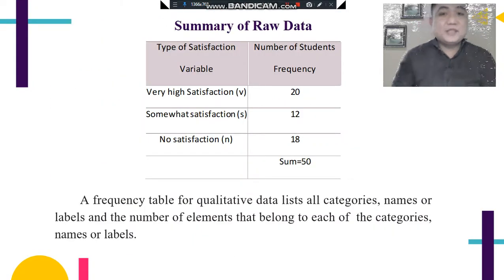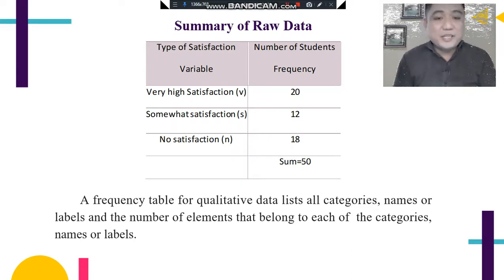Okay, so the summary of raw data. This is in tabular form how the qualitative data had been presented. From the first column, the different types of satisfaction, which can be written as V, S, and N. And for the second column, the number of students who voted for V, S, and N. As you can see, the sum should be equal to the number of students who answered the survey.